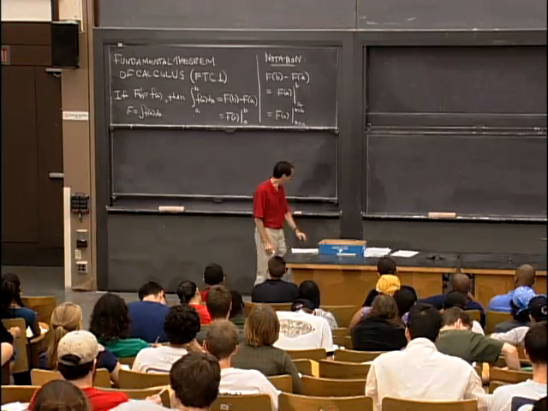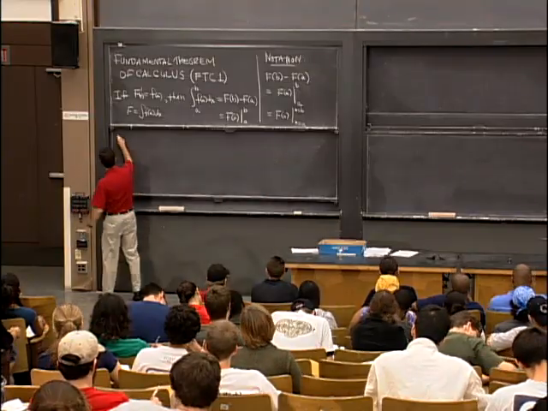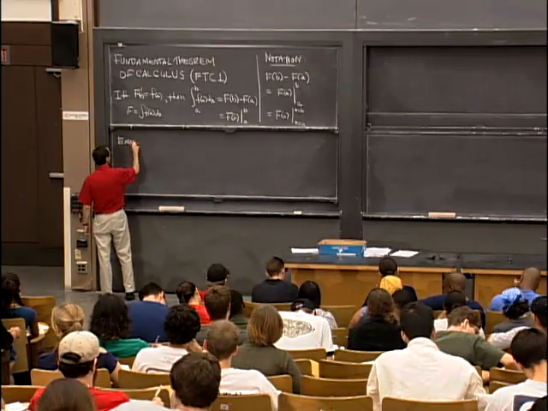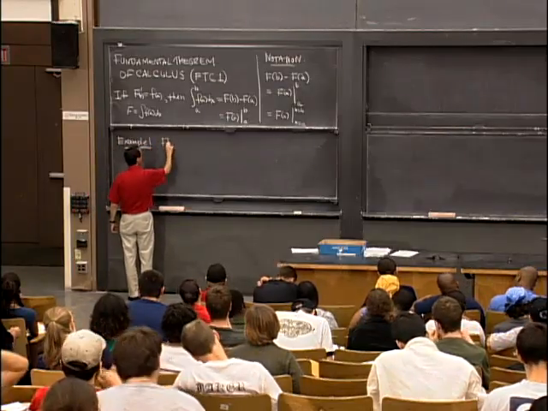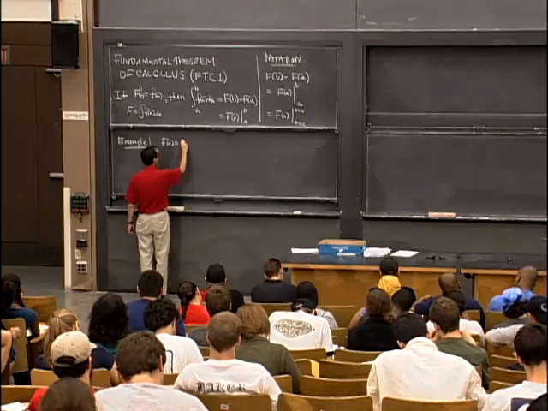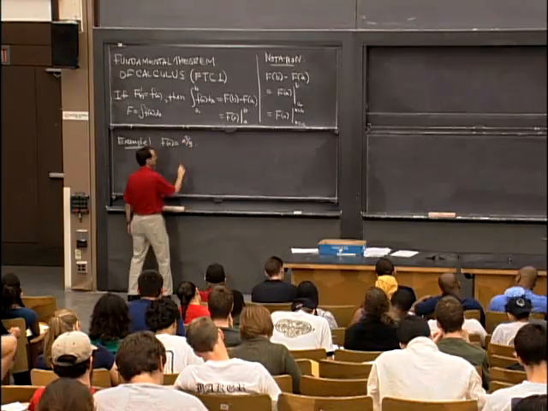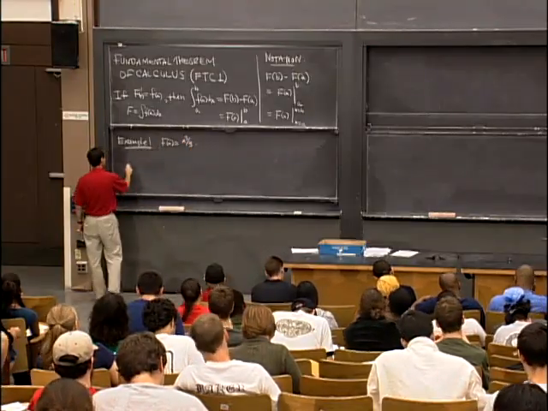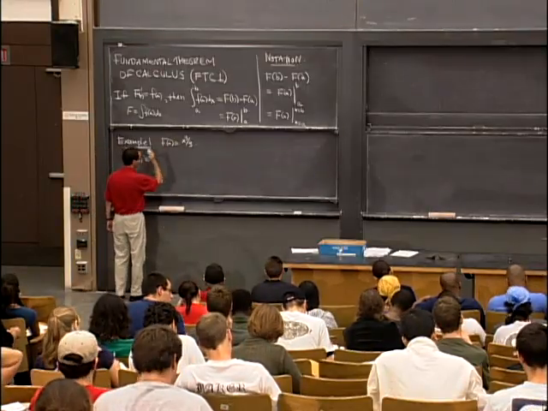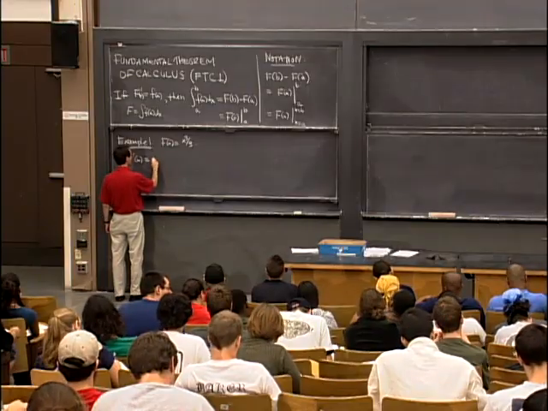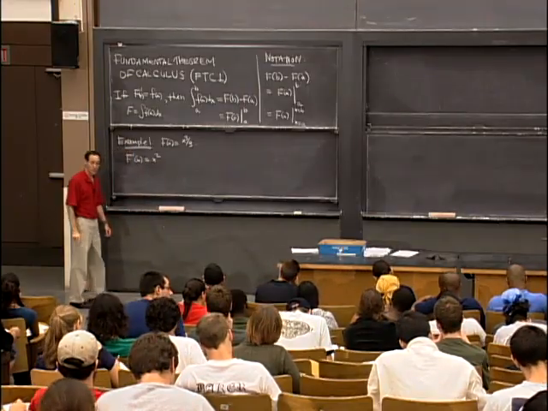Okay, so let's just give a couple of examples. The first example is the one that we did last time very laboriously. If you take the function capital F of x, which happens to be x cubed over 3, then if you differentiate it, well, the factor of 3 cancels, so you get x squared. That's the derivative.